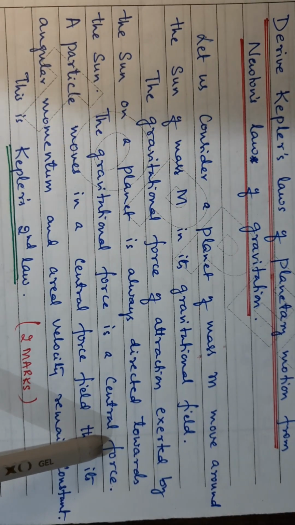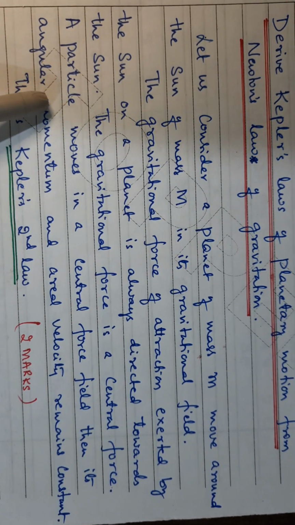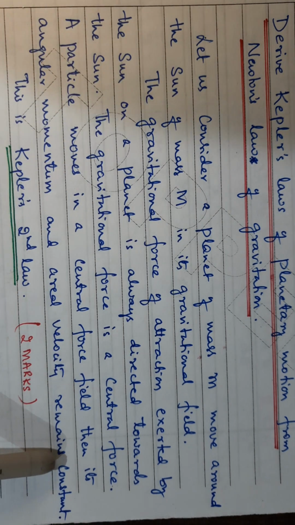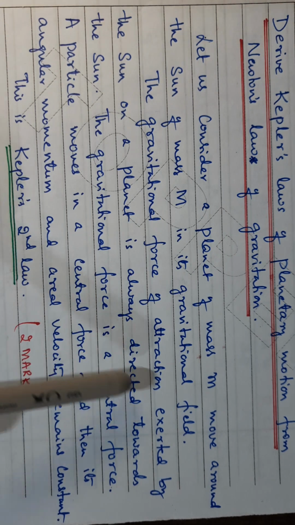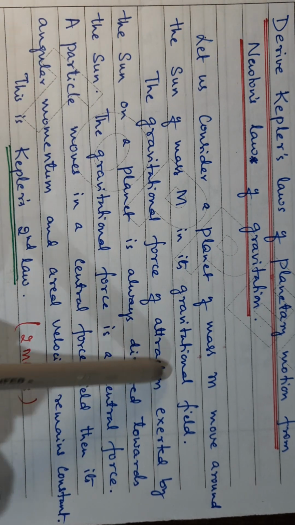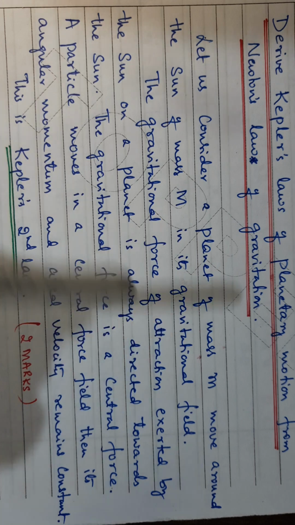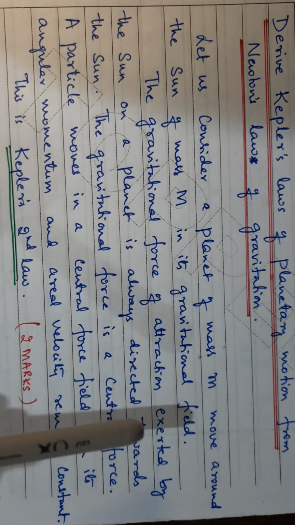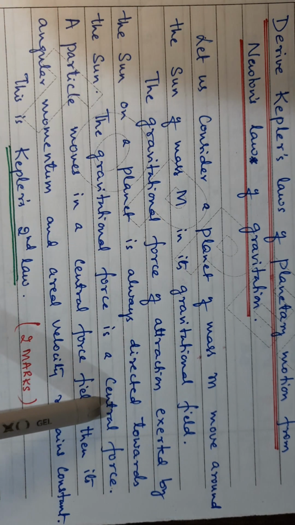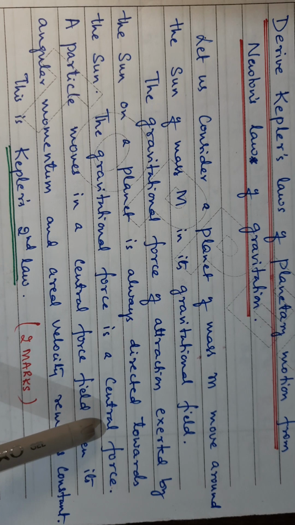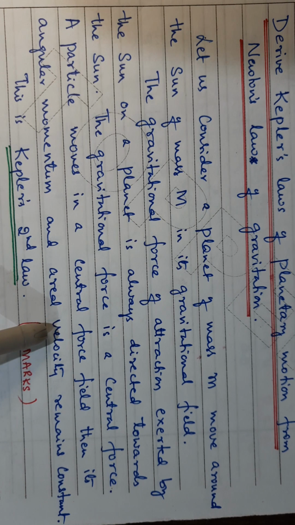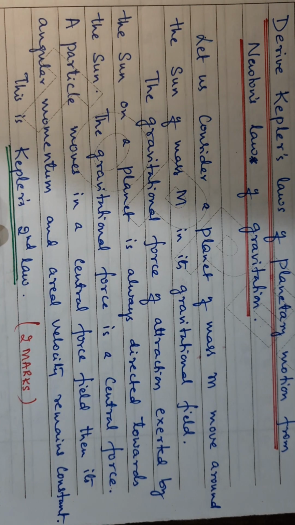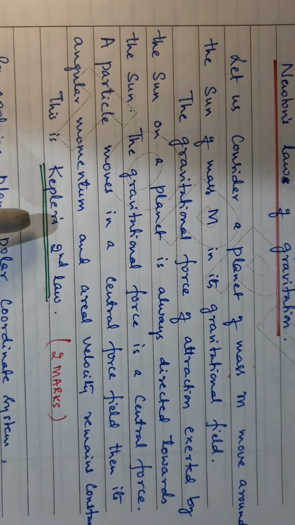And we have considered already that in the case of a central force field, any particle or any body, if it is moving, its areal velocity remains constant. Since Earth or any planet revolving around the sun in its gravitational field, and we know that the gravitational field is a central force field, the areal velocity remains constant, and that is Kepler's second law.